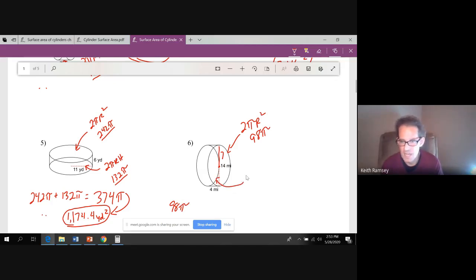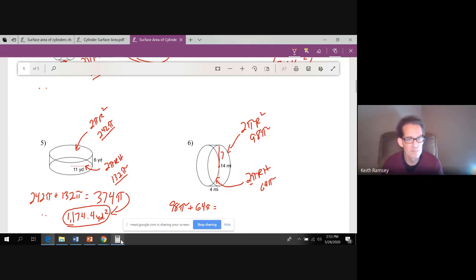My formula for that is 2 times pi times the radius times the height. So if my radius is 7 times a height of 4, 7 times 4 is 28, times 2 is going to be 56 pi. So I'm going to add 98 pi, that's my top and bottom, plus my lateral surface to find out what the surface area of the whole cylinder is.